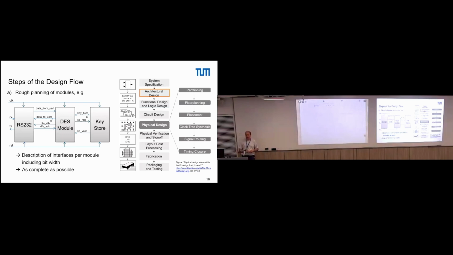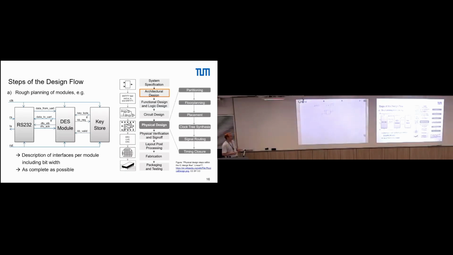Now, for our AND gate, we only have one building block, which is just some interface, some black box. We know we have two inputs, A and B. They are 1 bit wide, and we have an output, C, which is also 1 bit, right?